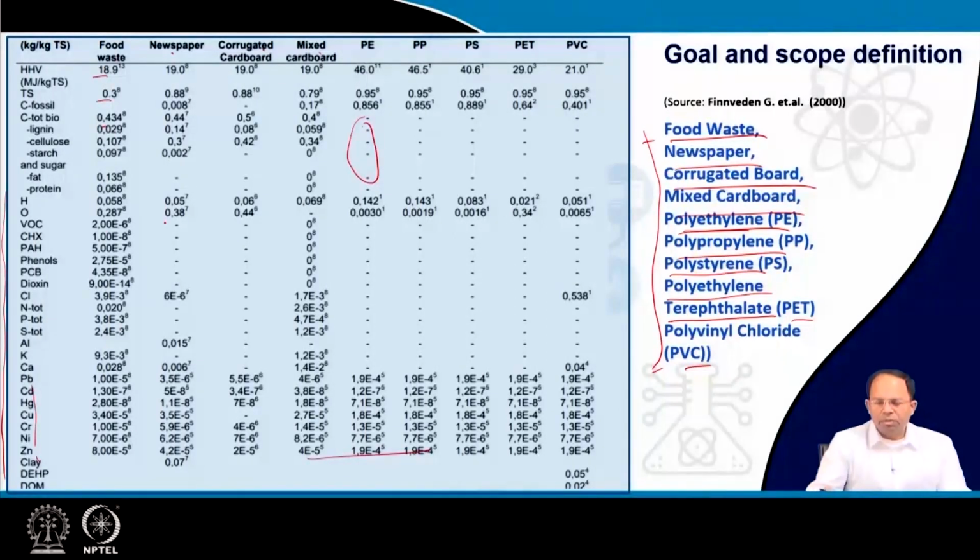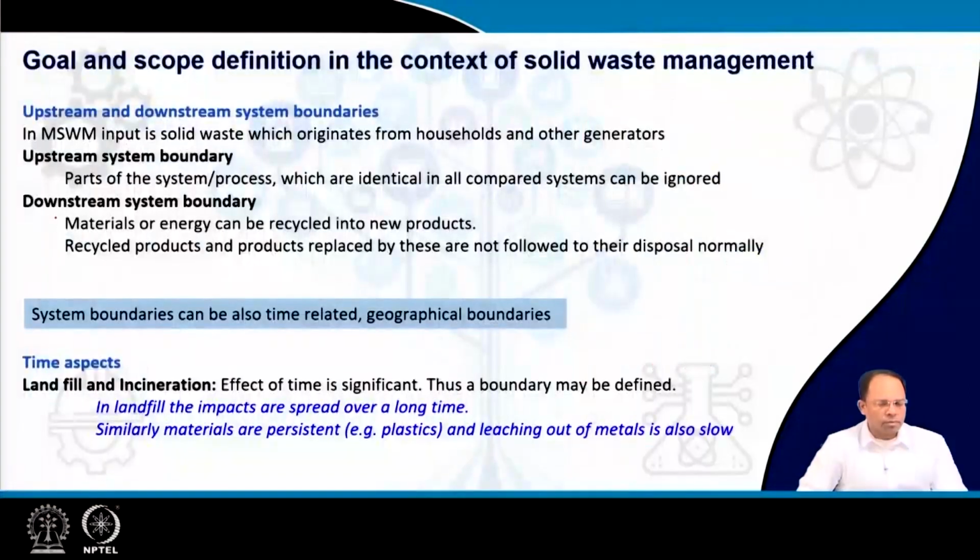So we have to determine what sort of input we should consider and what we shouldn't. So this is a very, very detailed analysis of what inputs go into the making of a product and a process, because unless I know the inputs, I will not be able to determine the environmental impact of this particular input that goes into the process.